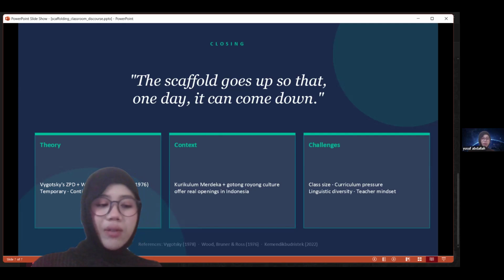But the challenges are real too, like class sizes, curriculum pressure, linguistic diversity, and deeply ingrained classroom norms. The question isn't whether scaffolding works. It does. The question is whether we create the conditions for it to happen.